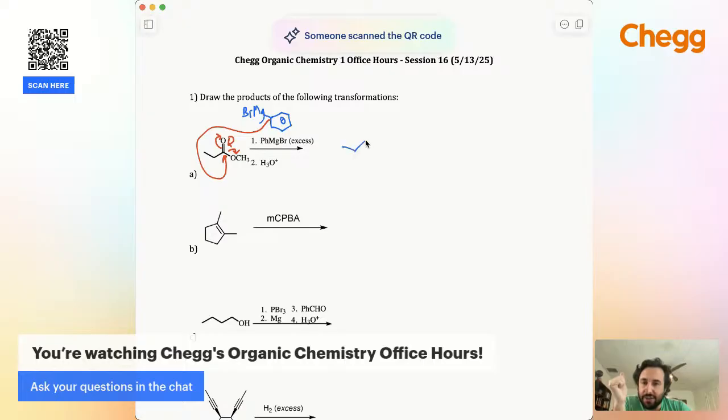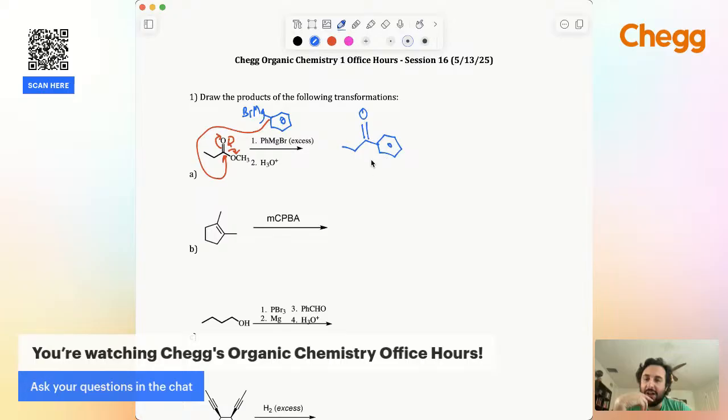We are going to get this. So methoxy here, methoxy is gone. So the one Grignard reagent, and MgBr will be complexed to that.